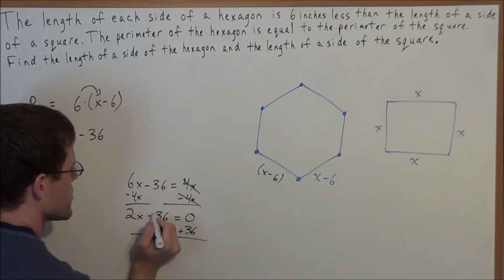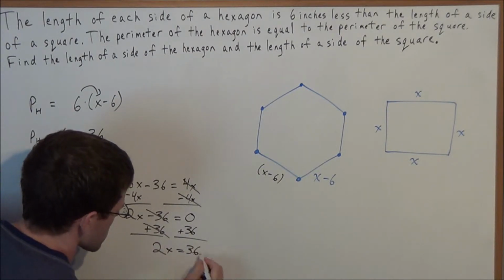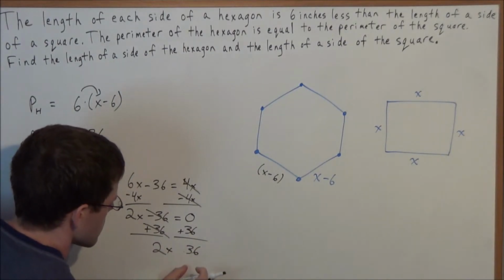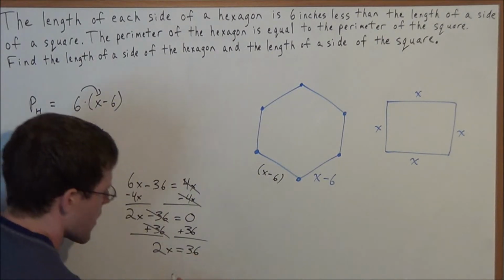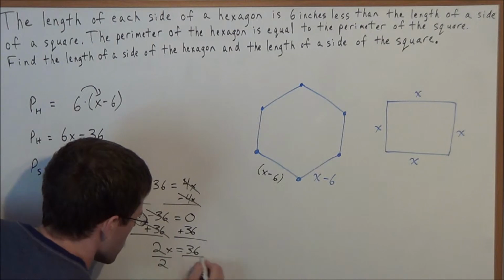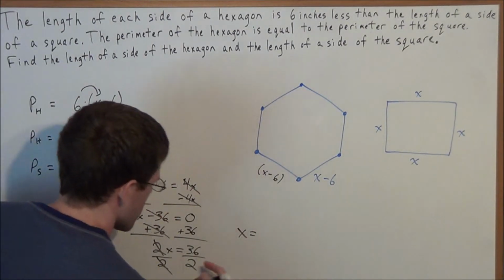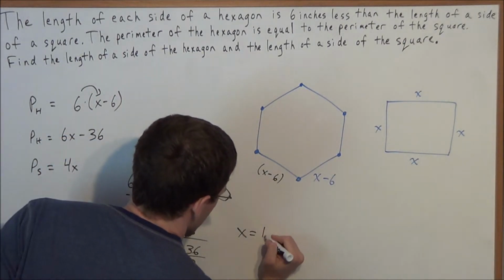Minus 36 plus 36 will cancel, and we have 2x is equal to 36. Now all we're going to do is divide both sides of this equation by 2. 2 divided by 2 will cancel, and we have x is equal to 36 divided by 2, so x is equal to 18.